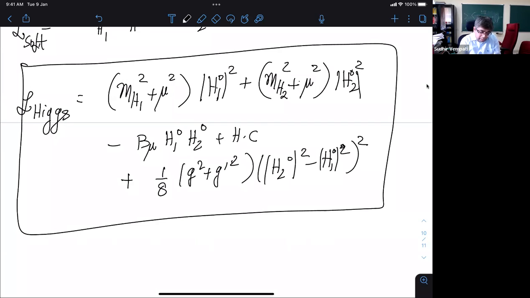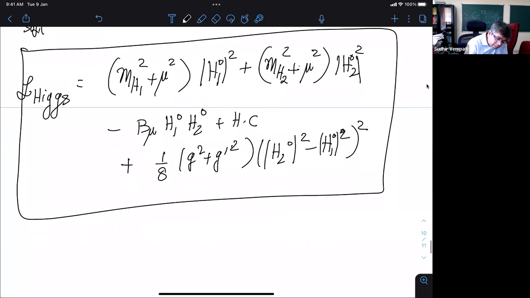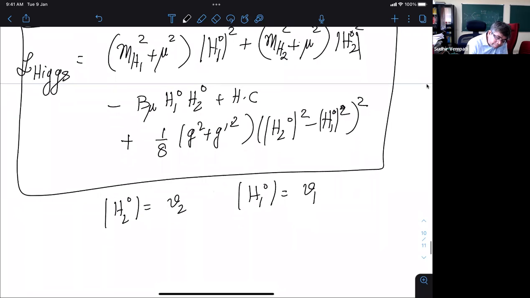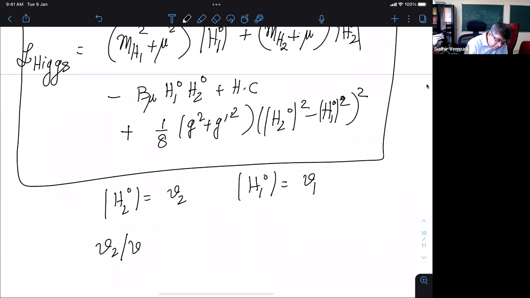So now to make life easier, I will just set H2 0 equal to V2, H1 0 equal to V1, V2 by V1 equal to tan beta, and V2 square plus V1 square equal to V square.